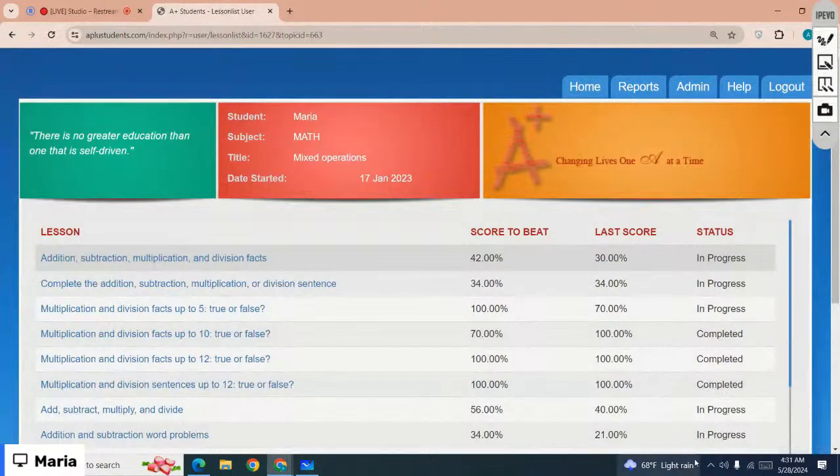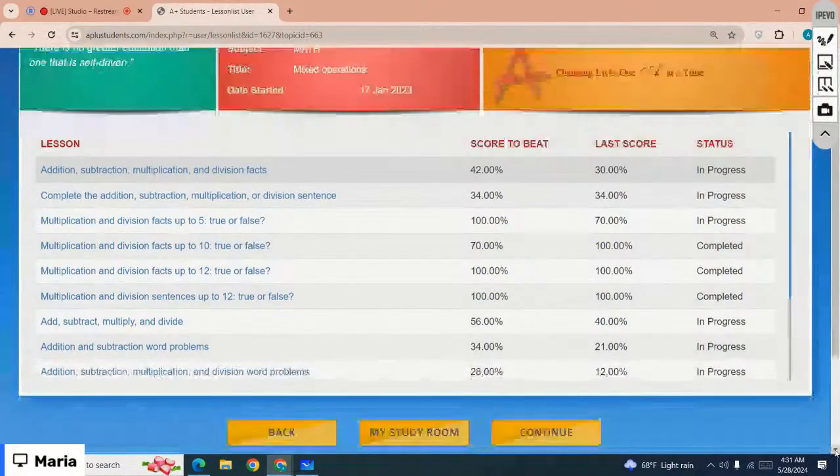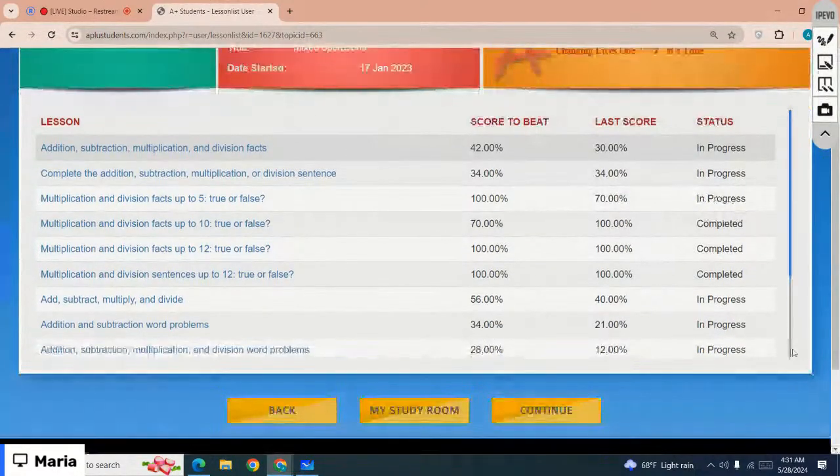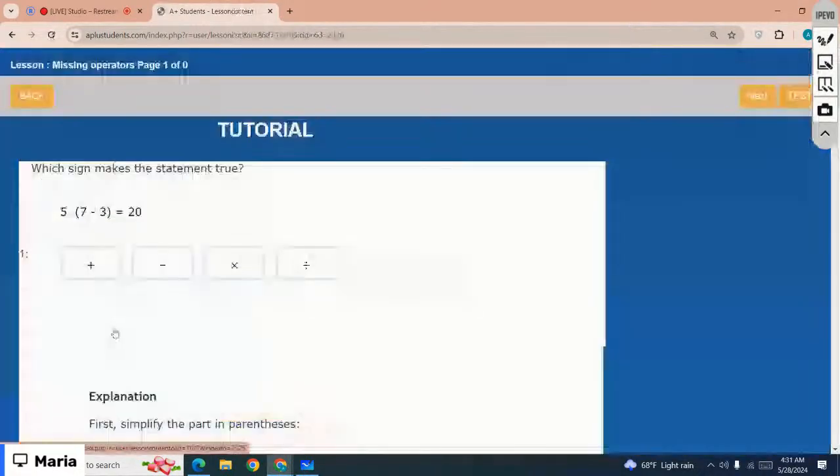Okay, the next one is missing operators. Let's just start with the next lesson. Find which sign makes the statement true. You have to put the sign after 5 so that the equation is true, right?